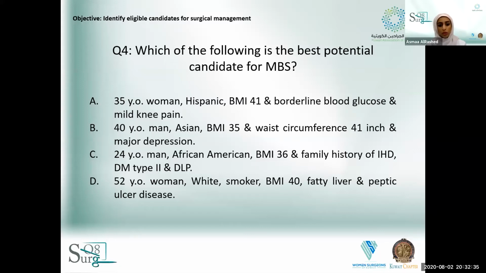Or C, a 24-year-old African American man with a BMI of 36 and a family history of ischemic heart disease, type 2 diabetes, and dyslipidemia. Or D, a 52-year-old white woman, a smoker, whose BMI is 40 with fatty liver and peptic ulcer disease.